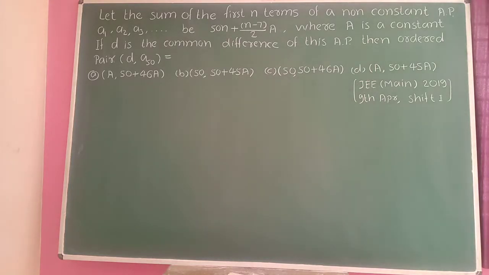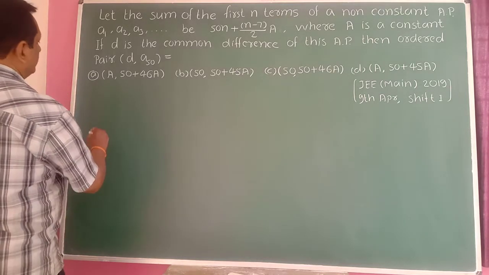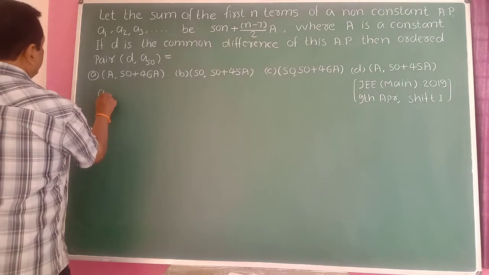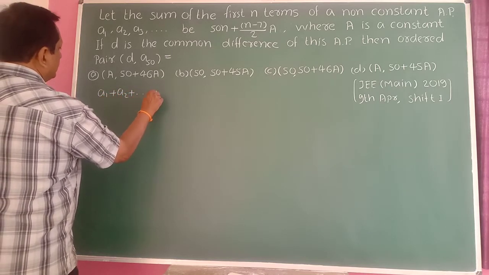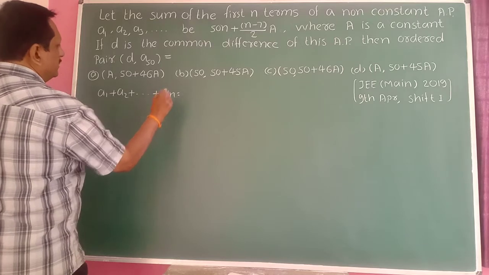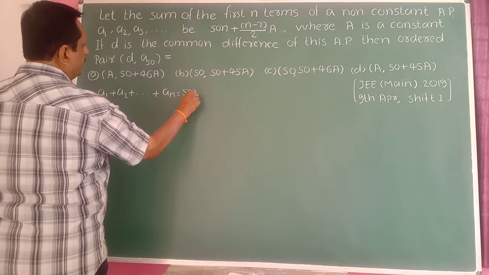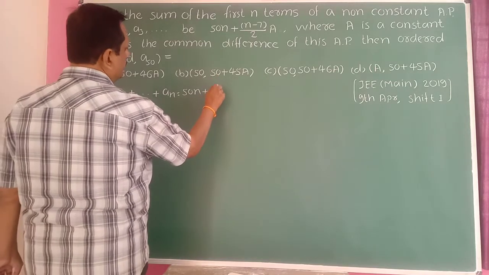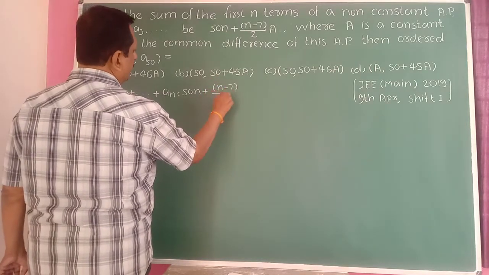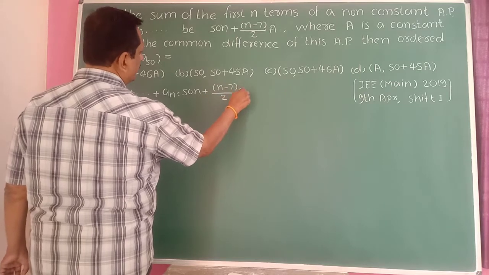So let the sum of the first n terms of a non-constant AP a1, a2, a3 and so on be 50n plus n minus 7 divided by 2 into a_n. So that is a1 plus a2 plus and so on plus a_n is equal to 50n plus n minus 7 divided by 2 into a_n.